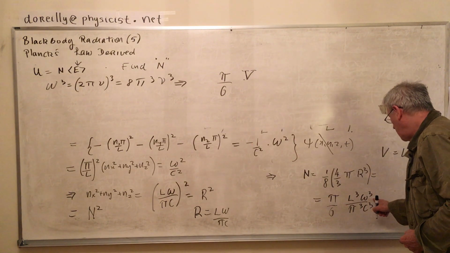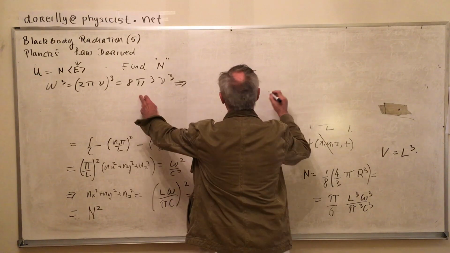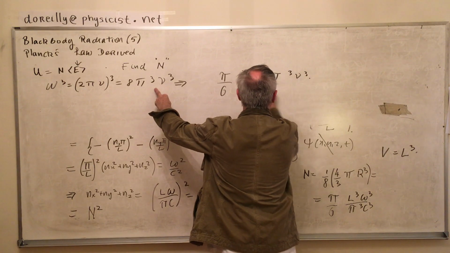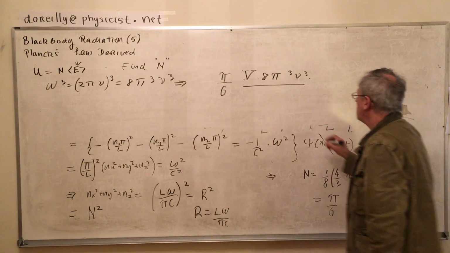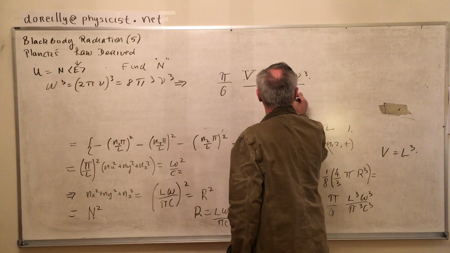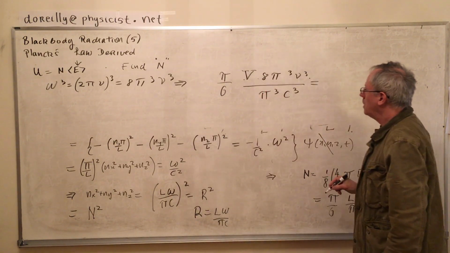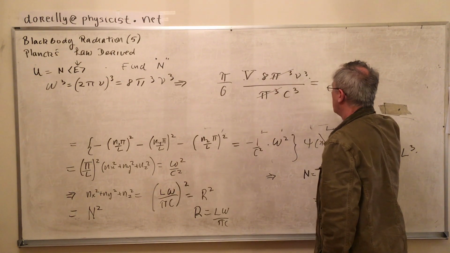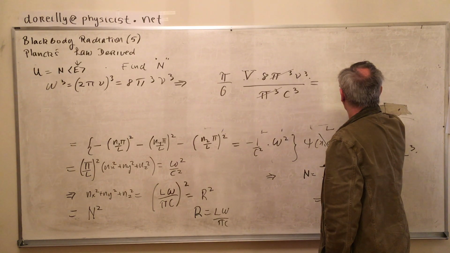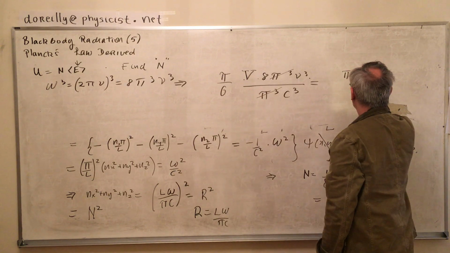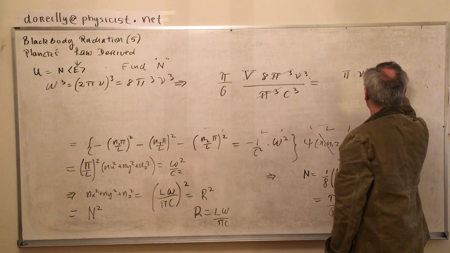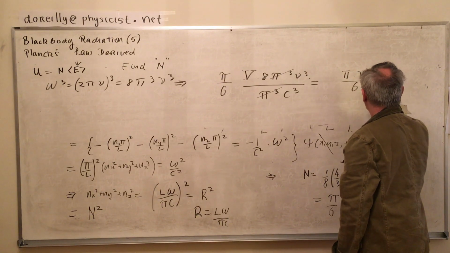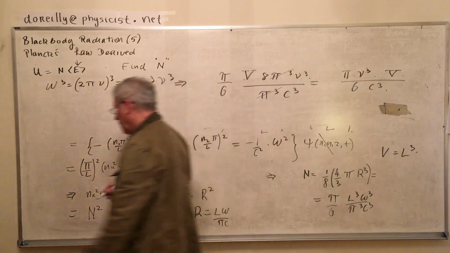Now we're going to get omega cubed, which is 2 pi nu cubed, so it's going to be 8 pi cubed nu cubed over pi cubed c cubed. Now, the pi's cancel. There's 1 pi left. What have I got? Pi times nu cubed times volume over 6c cubed. Now that's our n.